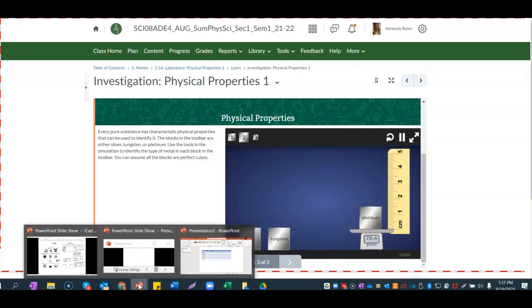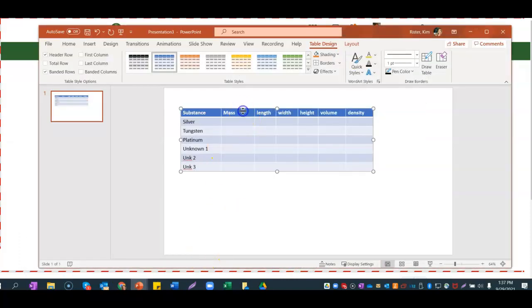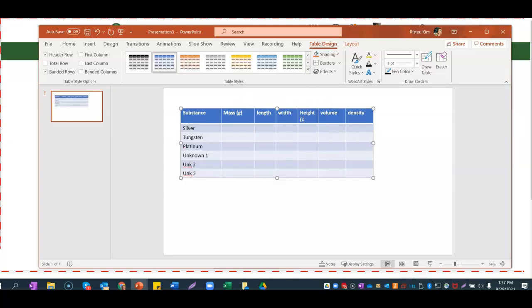So if we go back here, the other thing you want to include is in the mass, you need to put grams, and we're getting the height really here. So that's going to be in centimeters. Okay, so this was platinum, 72.4, and the height is 1.5 centimeters, and it's at the top, so you really don't have to put the unit of measurement if you don't want to.